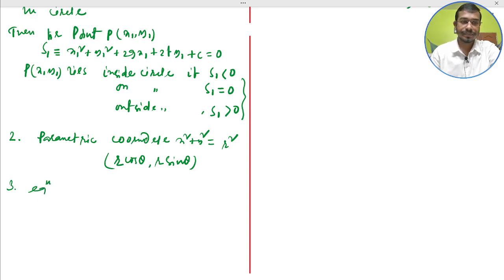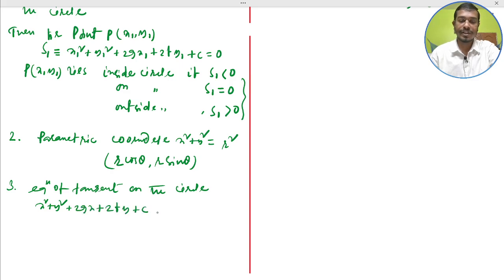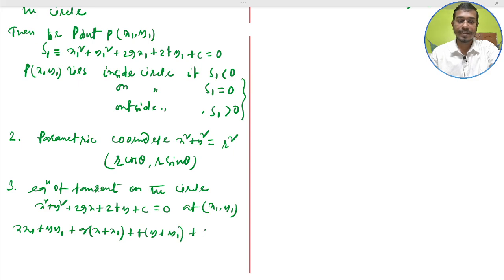Equation of tangent on the circle x square plus y square plus 2gx plus 2fy plus c equal to 0 at the point (x1, y1) is x x1 plus y y1 plus g into (x plus x1) plus f into (y plus y1) plus c is equal to 0. This is the equation of tangent on the circle.